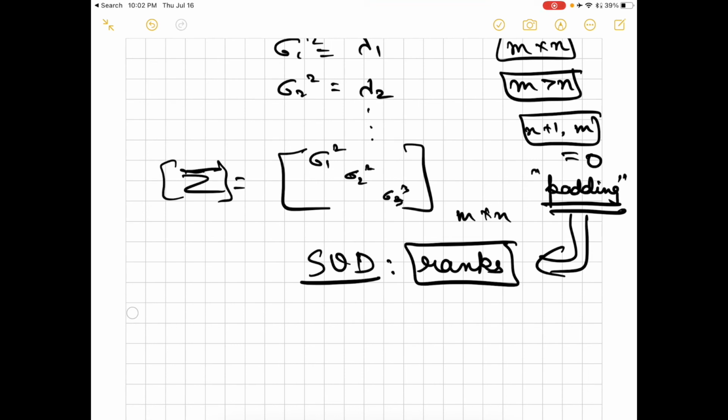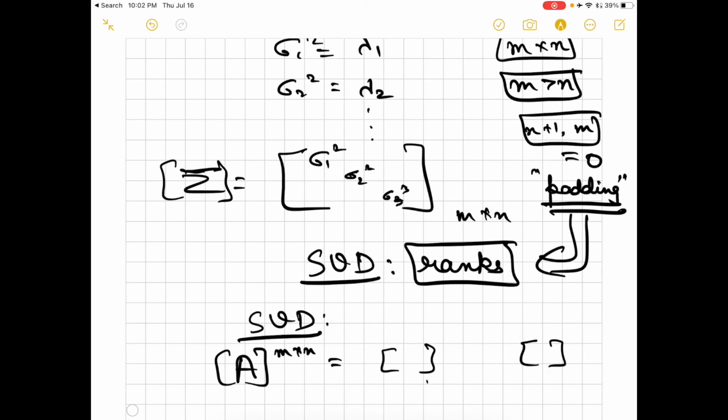Now, one simple interpretation of SVD is that we have factorized our complex m cross n matrix into simple square matrices of dimensions m cross m and n cross n. These U and V transpose represent rotations happening, and we have reduced the scaling to the diagonal as sigma 1 square, sigma 2 square, sigma 3 square, which in turn are closely related to the eigenvalues of A A transpose.